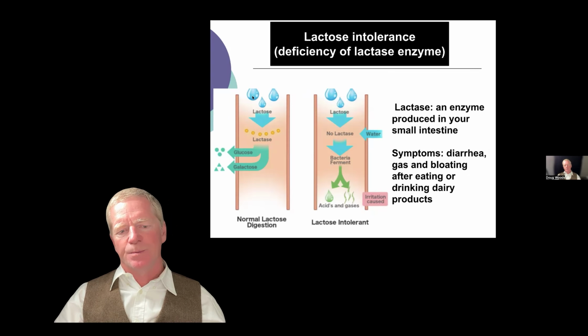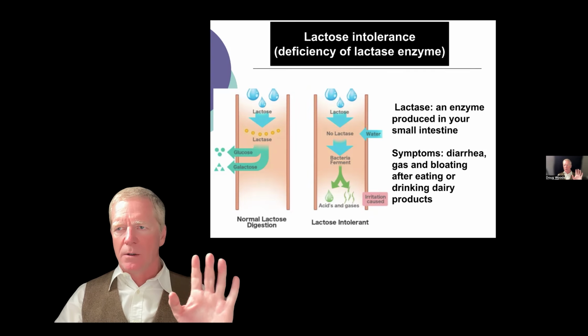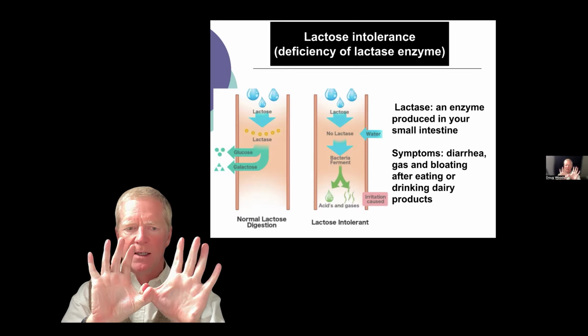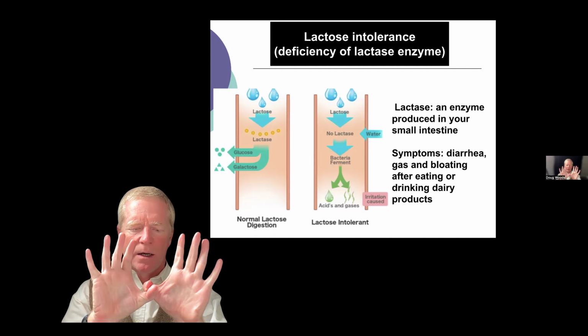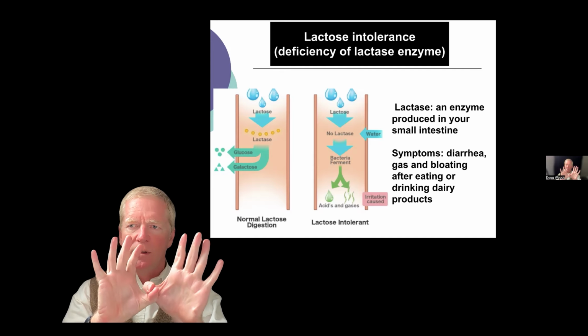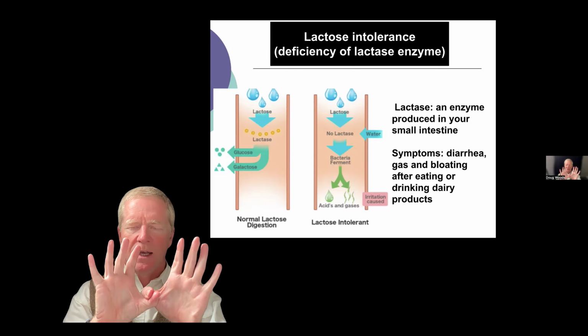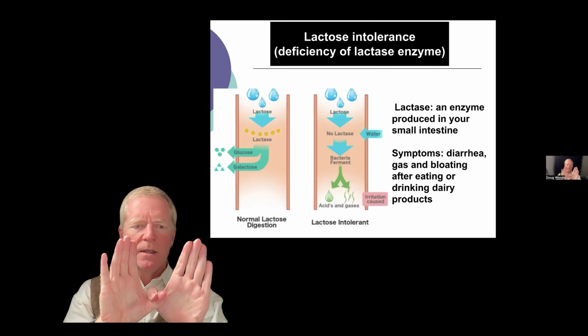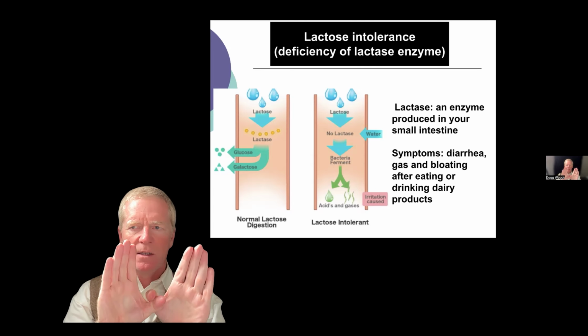Lactose is a dimeric molecule composed of one glucose molecule and one galactose molecule linked together. You need an enzyme to break this bond between glucose and galactose, and that enzyme is called lactase. All babies have this, but in some people, the enzyme lactase is lost as we get older.